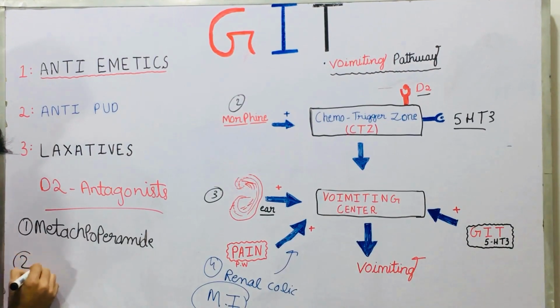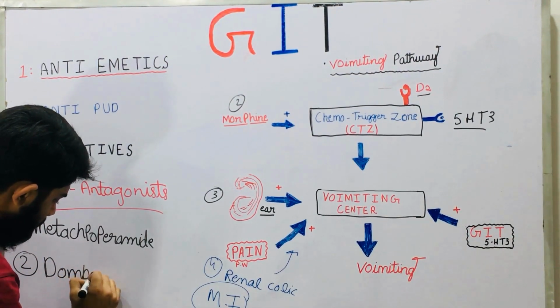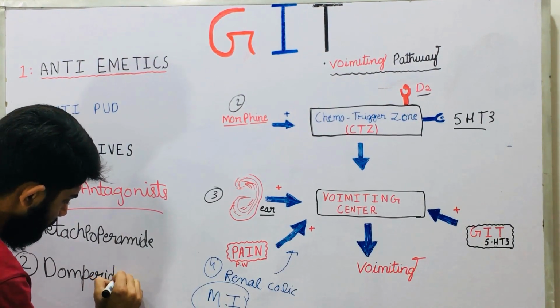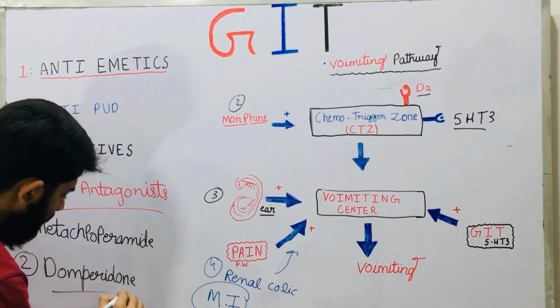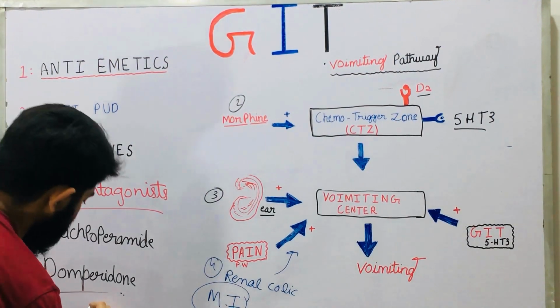Number two is domperidone. This domperidone is available in the market by the brand name Motilium.